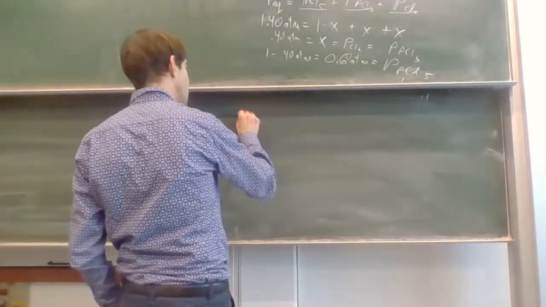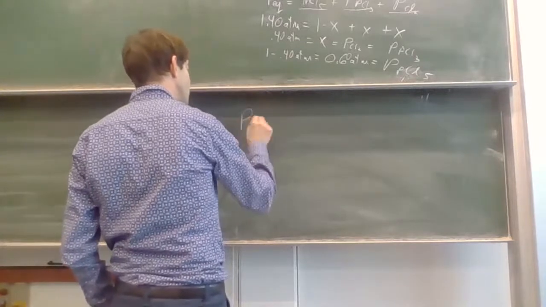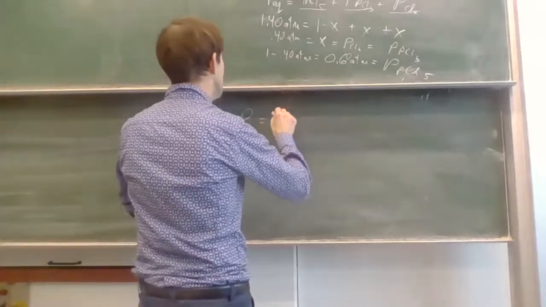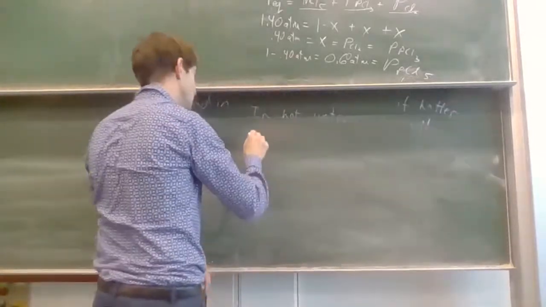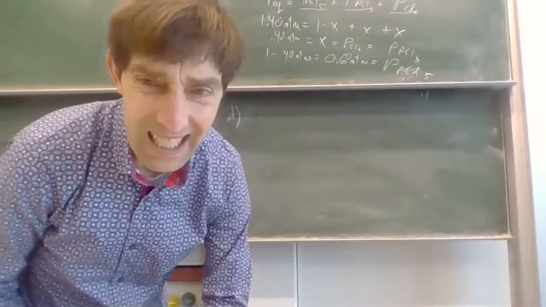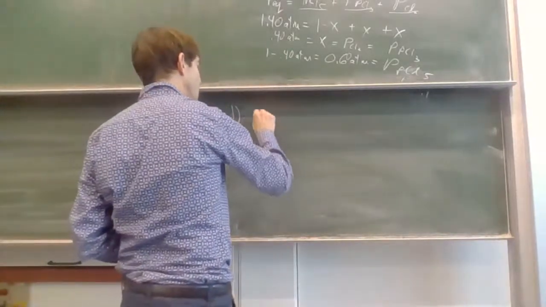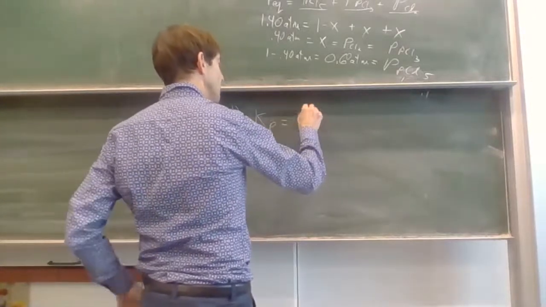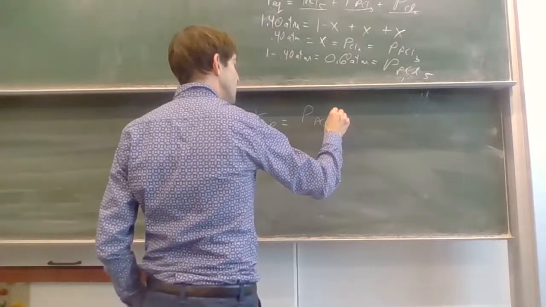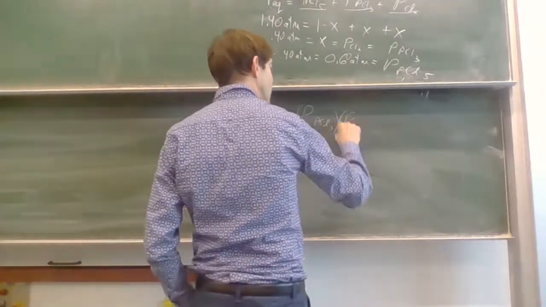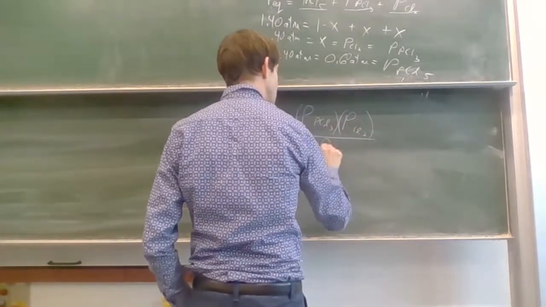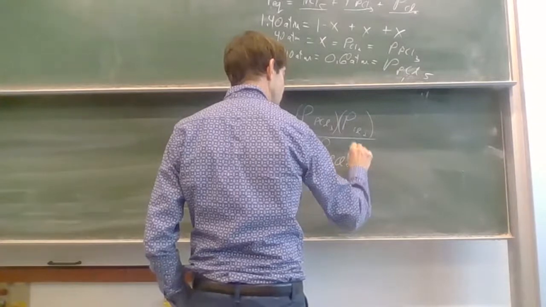Okay, so D. For D, we need the Kp expression. So, Kp equals what? Pressure of PCl3 times the pressure of Cl2 divided by the pressure of PCl5.